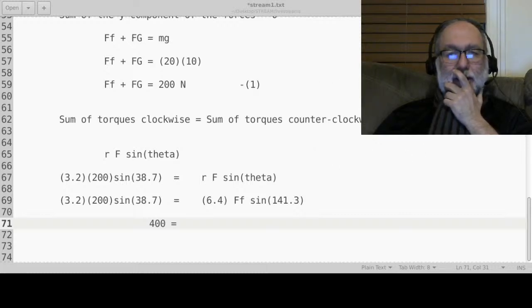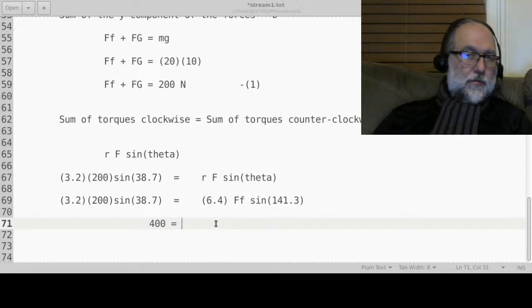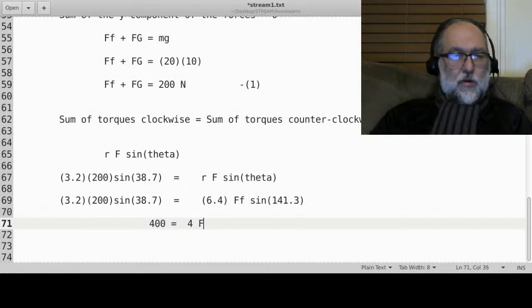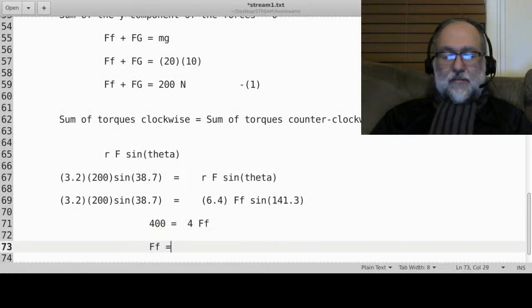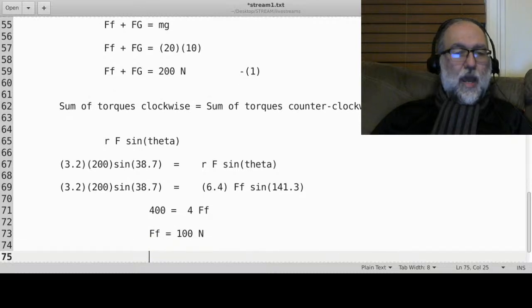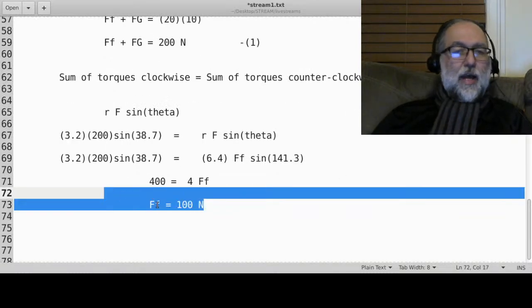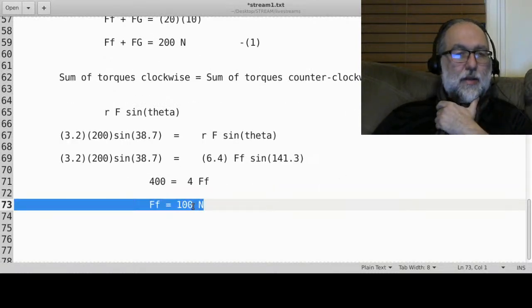And that's going to equal 4. This is equal to 4 FF. So that tells us that FF is equal to 100 newtons. There we go, we got that it was 100 newtons.